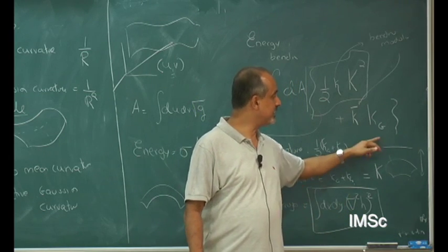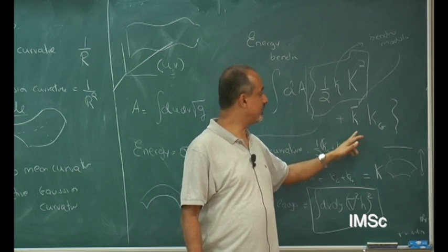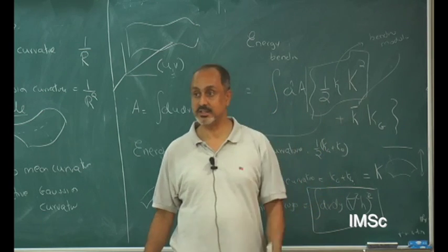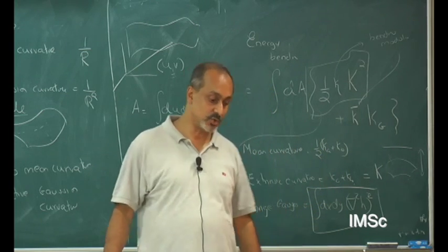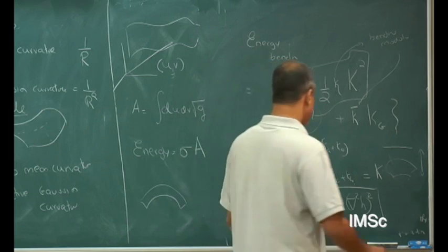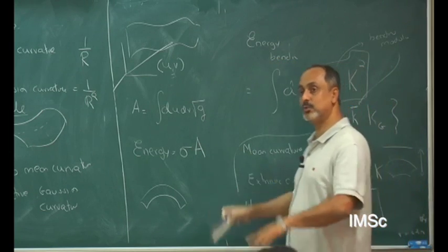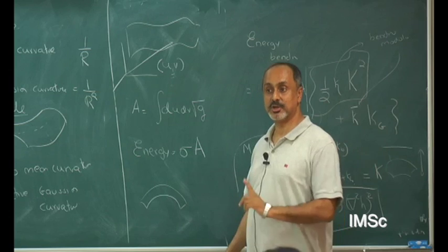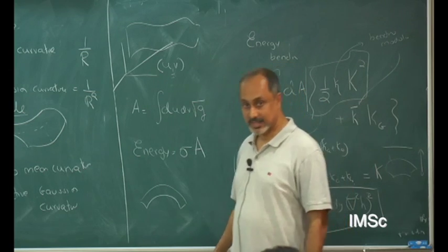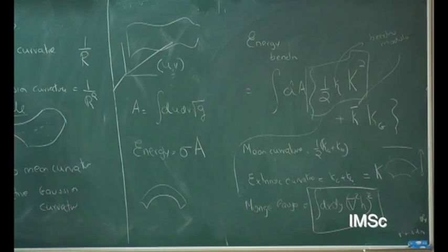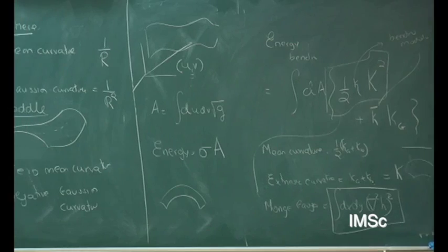The second term here, this integral dA of kappa bar kg, the integral of the Gaussian curvature, actually turns out to be independent of whatever you do with the shape, provided the topology remains the same. That is to say, let's suppose I'm going to calculate the Gaussian curvature.